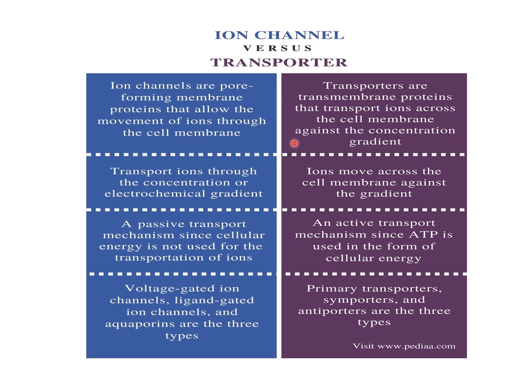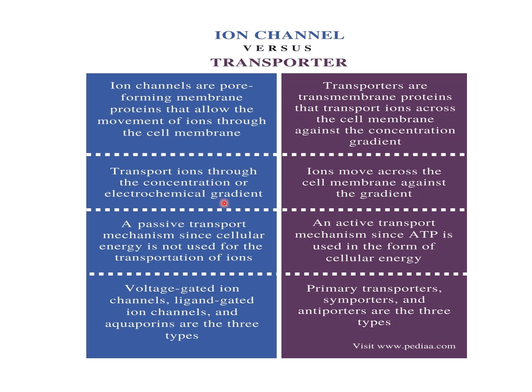One point I want to highlight here: facilitated diffusion can be via the ion channels or via the transporters. There are certain differences between them. Ion channels are pore-forming membrane proteins that allow the movement of ions through the cell membrane, whereas transporters are transmembrane proteins that transport ions across the cell membrane against the concentration gradient.